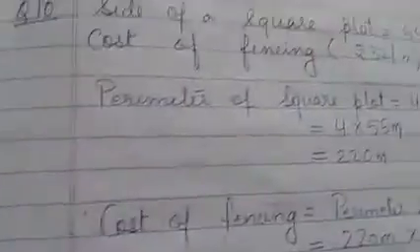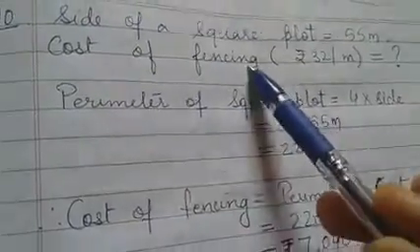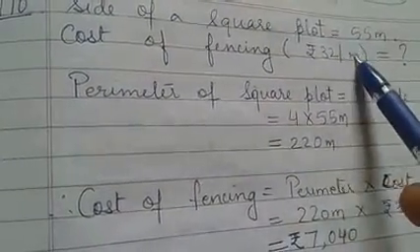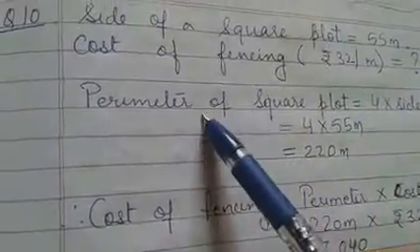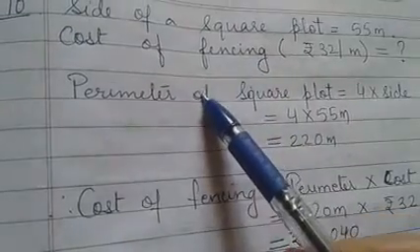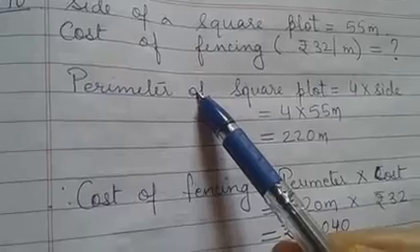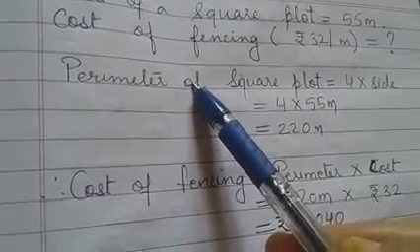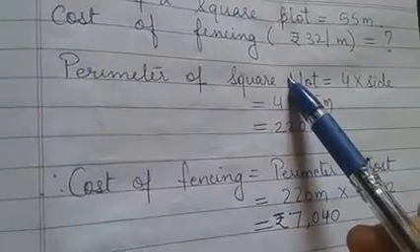Right. So the side of the square plot is given as 55 meters and the cost of fencing is rupees 32 per meter, meaning for 1 meter, 32. Since I have to find the cost of fencing, first I have to find how much wire will be needed for fencing. So the perimeter of the square plot is to be found first.